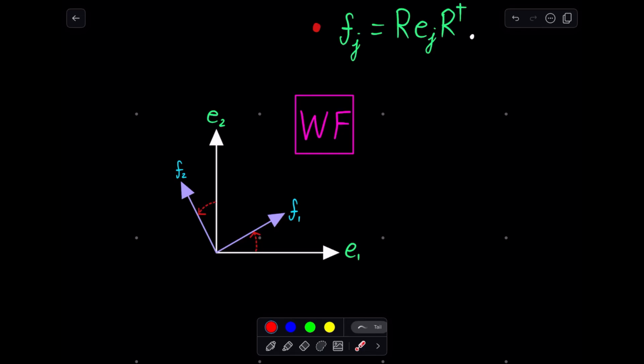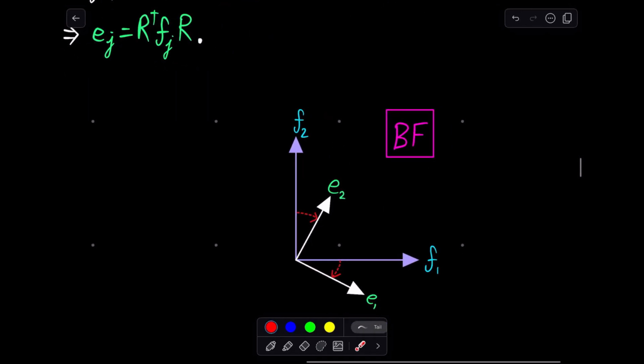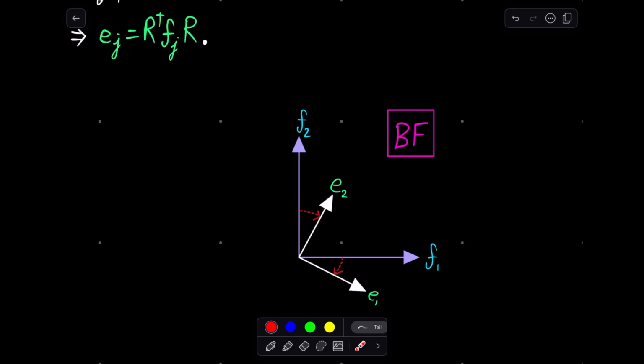But if you transform into the body frame, you would end up with R dagger F_j R. The transformation into the body frame then puts F1 and F2 as the main coordinates, and being in the body frame, you observe things in the world moving.